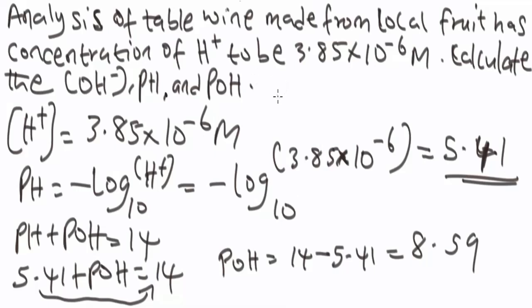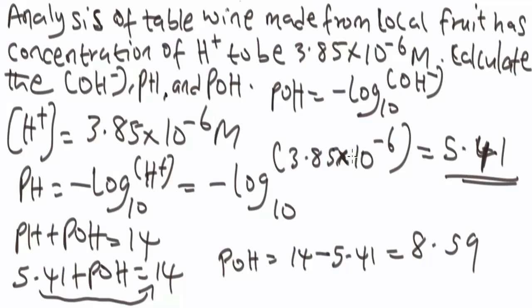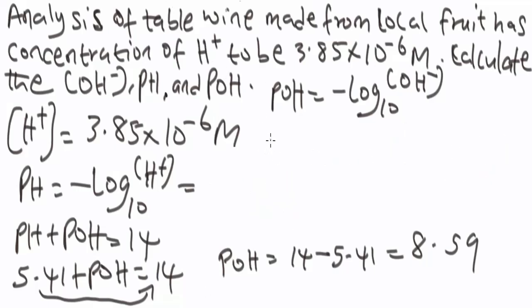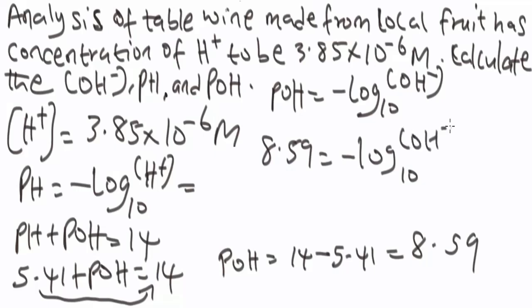pOH equals negative log to the base 10 of the hydroxyl ion concentration. So let me write below and solve it. The pOH is 8.59 equals negative log to the base 10 of the hydroxyl ion concentration.